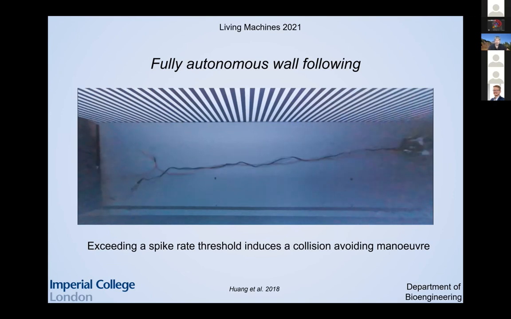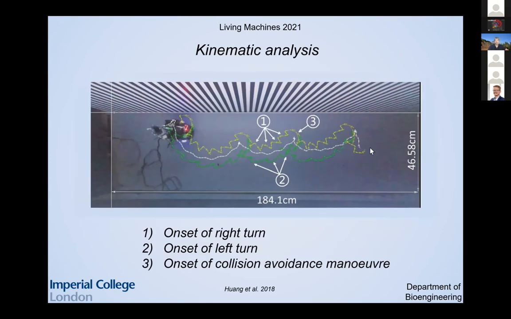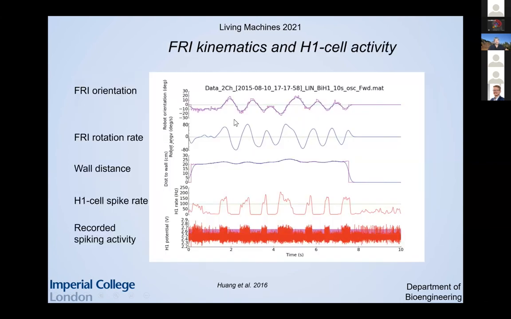And that's working really well. We can then do a kinematic analysis of what the robot is doing, in fact, and correlate that to the response parameters of the H1 cell and see what sort of relationships are important for us to improve on the control of that biohybrid system.